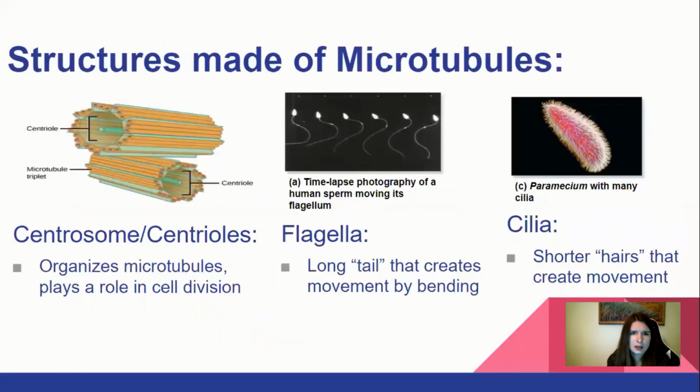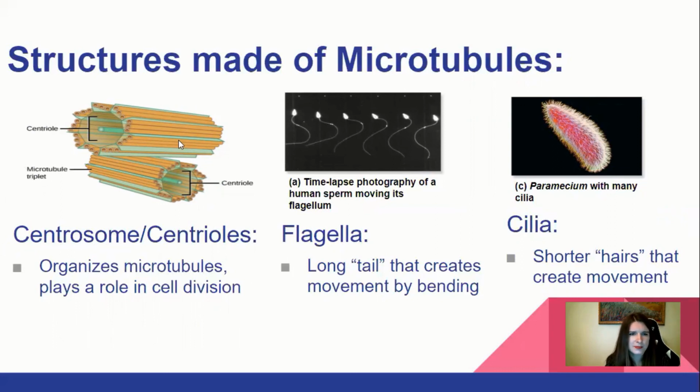Okay. Looking at that first type, I said that microtubules would be important for cell division. So a structure that happens to be made of microtubules is our centrosome. So our centrosome we can think of as an organelle that's basically going to make like a net or a rake that lets us pull apart chromosomes when a cell is dividing.